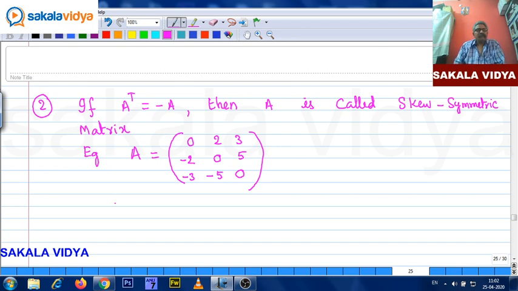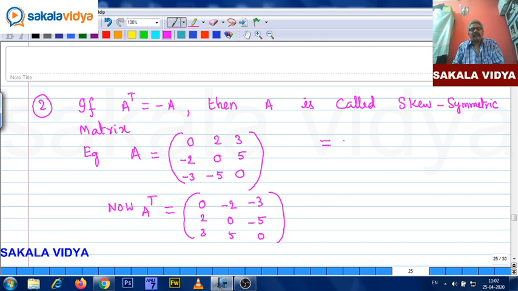So now find A transpose. What is the A transpose now? You get 0, 2, 3, minus 2, 0, 5, minus 3, minus 5, 0. Take minus 1 common out from each and every element, what do you get now here? 0, 2, 3, minus 2, 0, 5, minus 3, minus 5, 0.